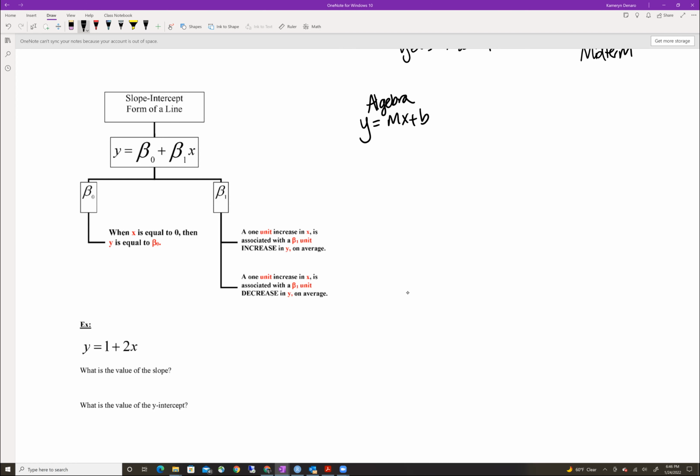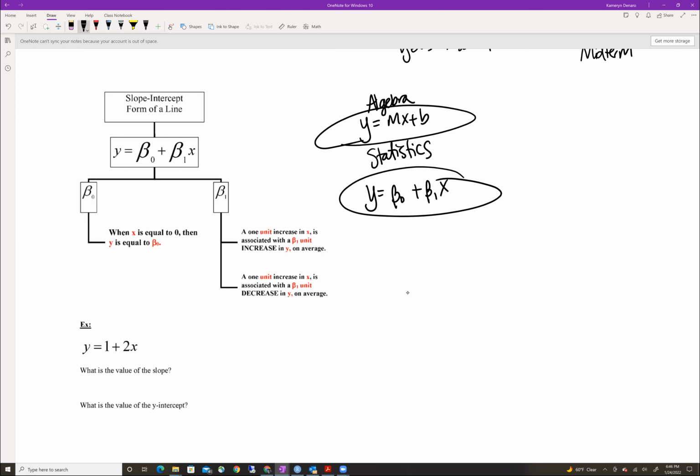Okay, but now for statistics, we're just switching up the notation slightly by saying y equals beta 0 plus beta 1x. Now, if we associate what we see in our statistics class to what we used to see in algebra class, we notice that the piece that multiplies the x, that piece is the slope. Right? And the piece that's by itself, that is our y-intercept.